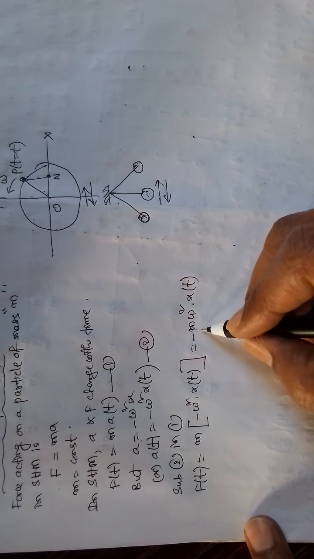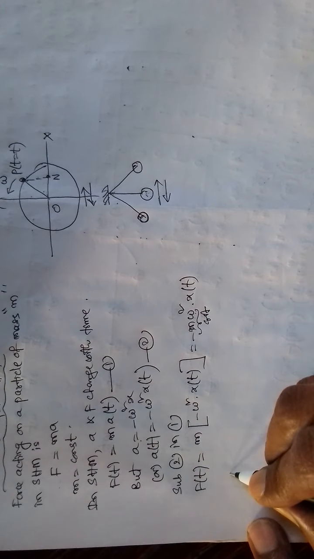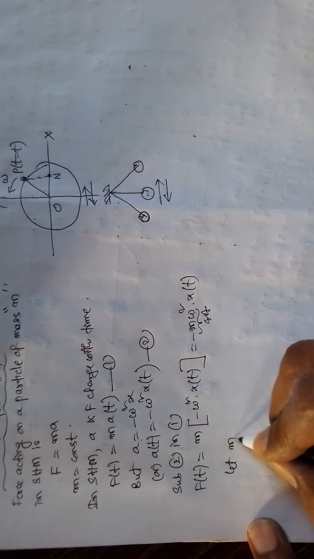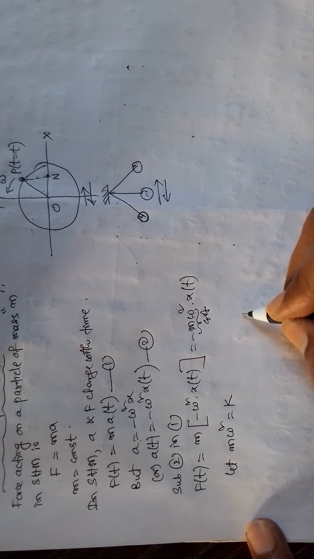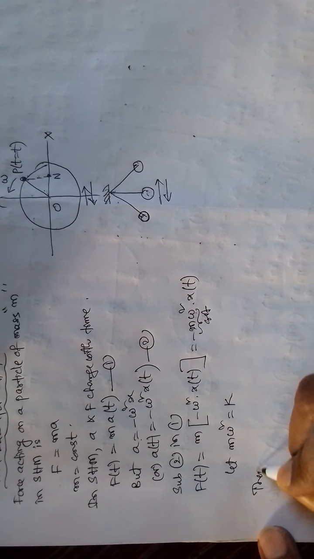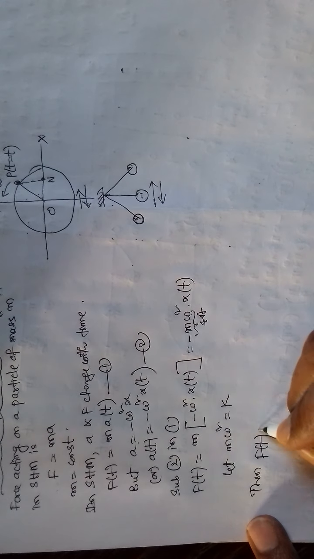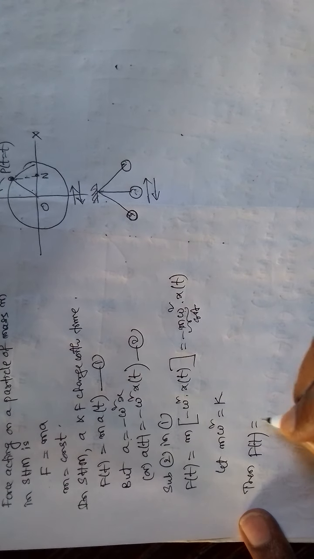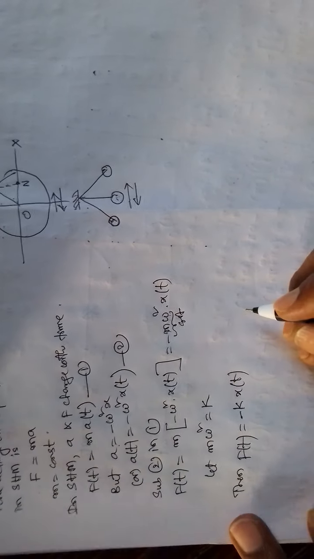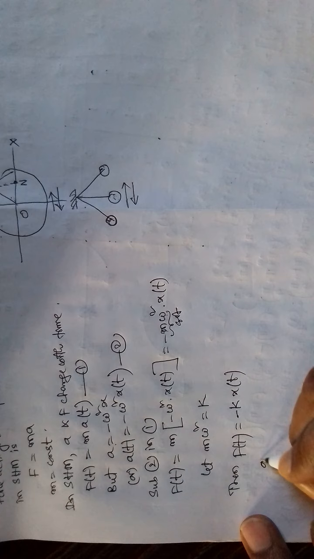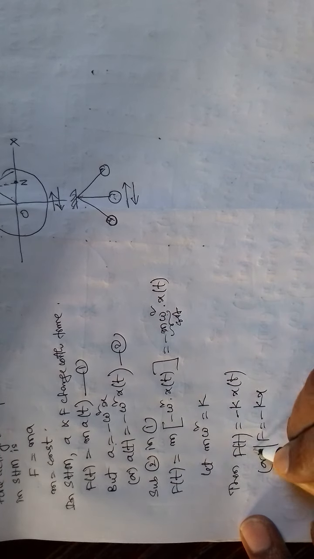Therefore, this becomes a constant. So, let m omega square is equal to k. Then F of t becomes minus k x of t, or F is equal to minus kx.